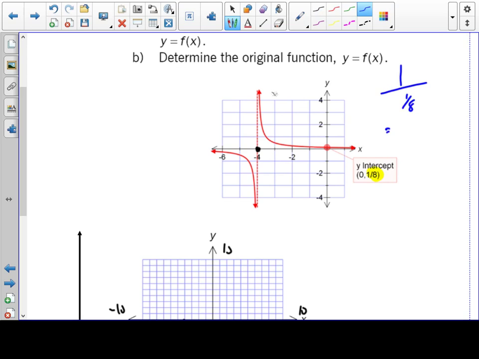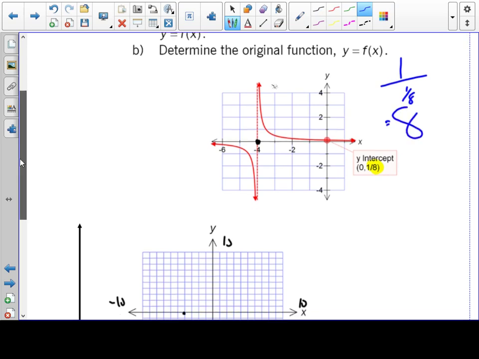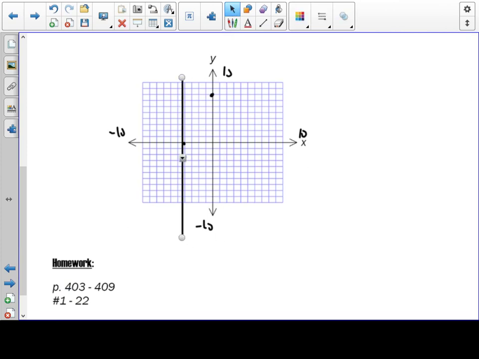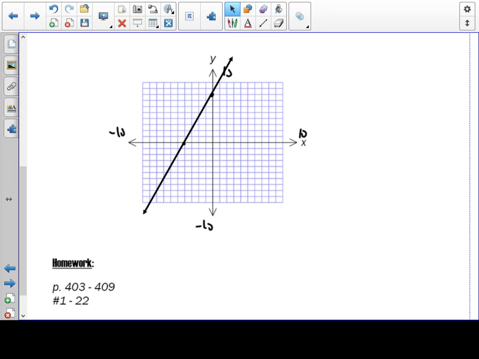The answer, 8. So 8 is going to be the original intercept. So the graph is our first step. There it is. There's our graph.